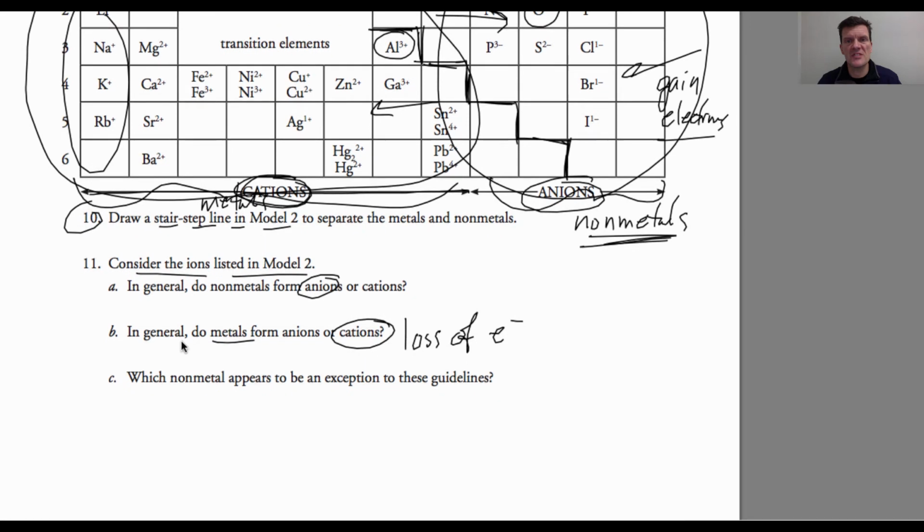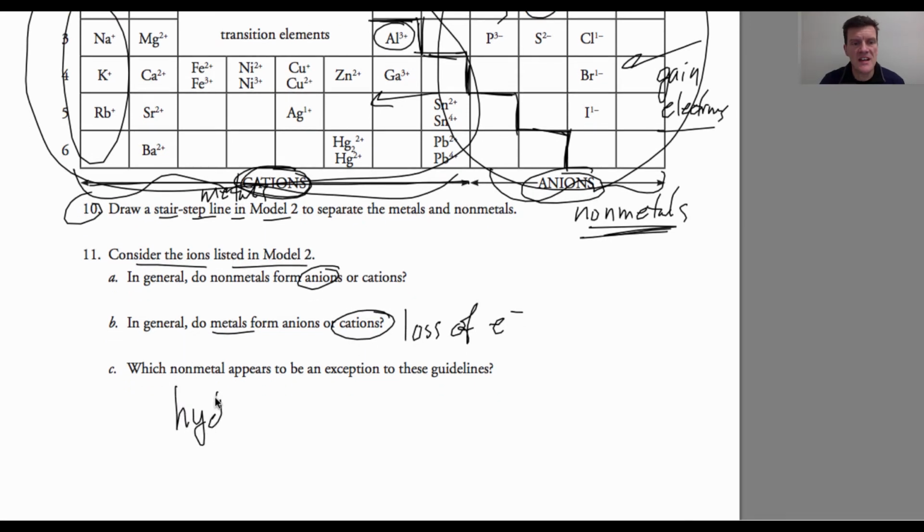So just keep in mind, hydrogen is kind of an exception to the rule for nonmetals. It can, and often will, lose an electron to make a +1 ion and bond with nonmetals, acting itself like a metal.